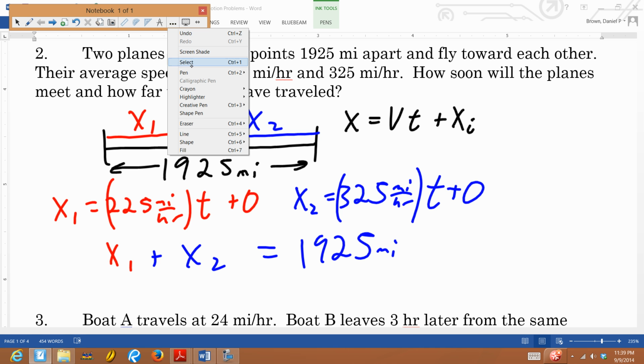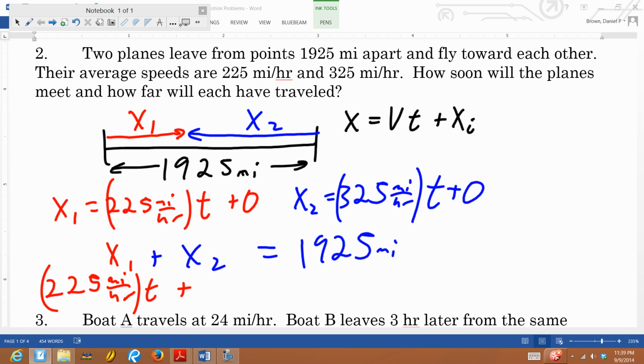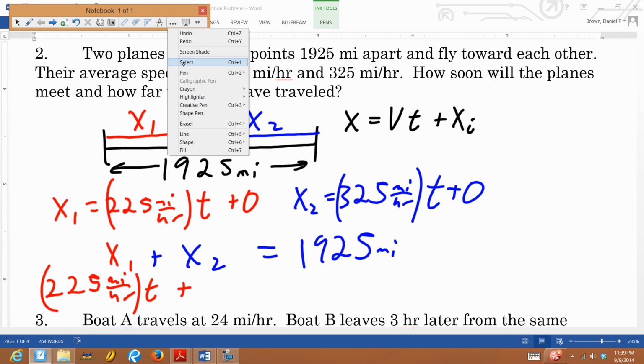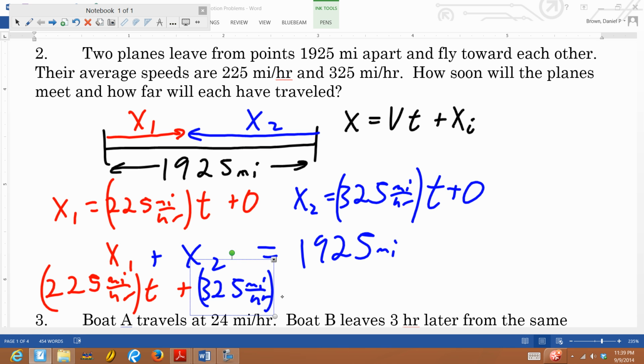So as we make a substitution now, instead of x1 and x2, we put in 225 miles per hour like this. We'll put in 325 miles per hour also times t.